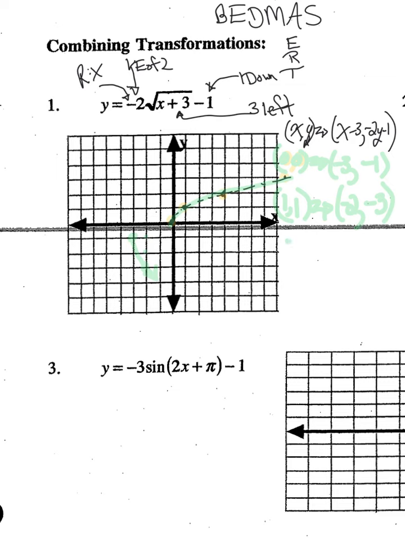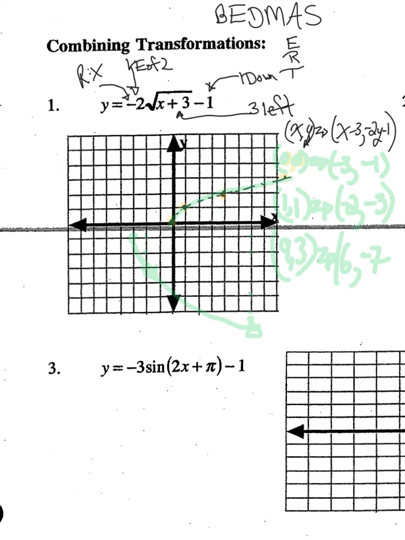If I took the point x is 9, y is 3, it would go to the point x is 6 and y is negative 7. Okay, so down like that. So there's all the transformations combined into one on a radical function.